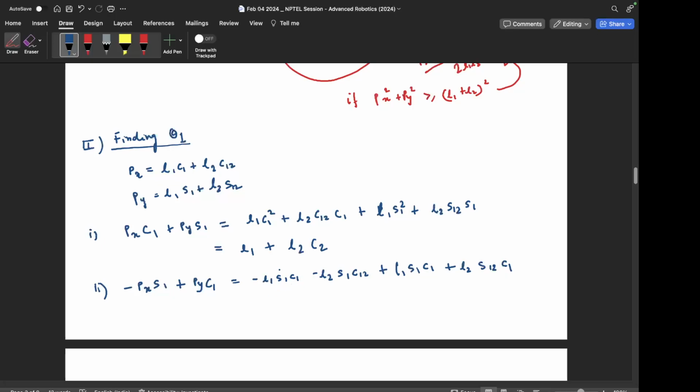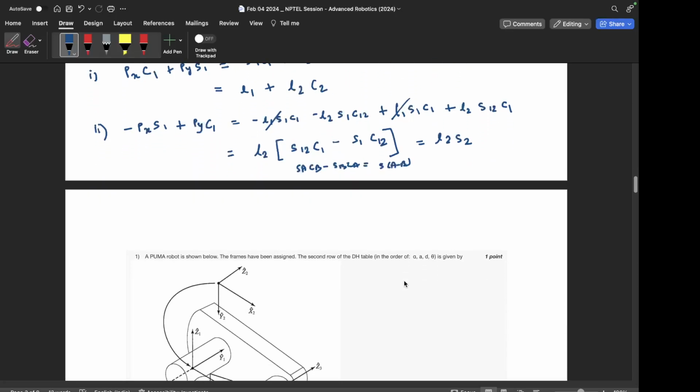So here first these two terms cancel out, and what we have in hand, L2 is common, and what's inside is S12 C1 minus S1 C12. Now this expression is another trigonometric expansion that you will use, that is sin A cos B minus sin B cos A is sin(A minus B), right? So we will get L2 S2.